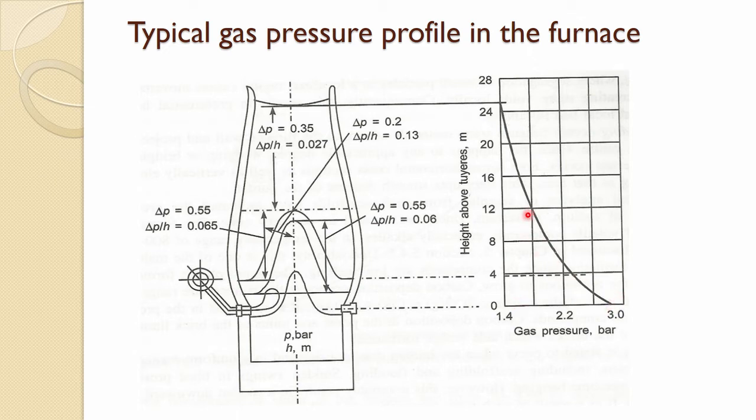So, it is a big drop in that region, 50%, and after that there is very little pressure drop, about 10% or so in the upper part of the furnace. So, this lower part of the furnace is very critical and has to be maintained to have a good productivity of the blast furnace. This is the one which dictates all qualities of the raw material and even the blowing of the air and other things. It controls, and thus it controls the productivity of the blast furnace.